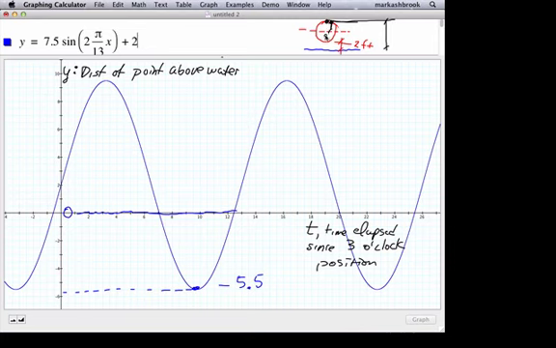So there's a radius, and then there's 2 feet. So it should be going up to 17, and down as low as 2. So this function should be a max of 17 and a minimum of 2.